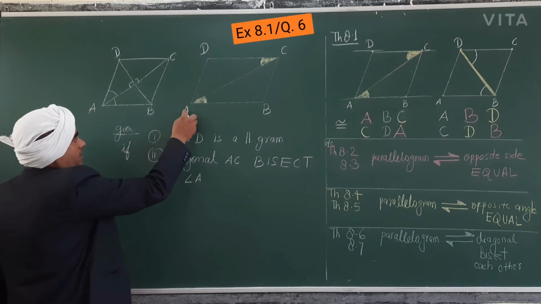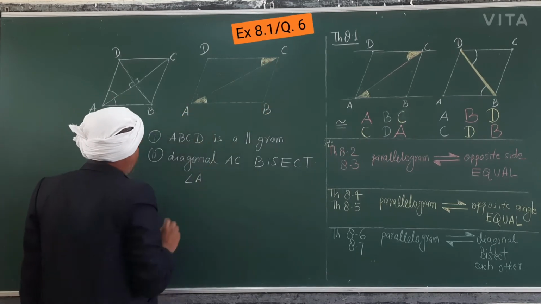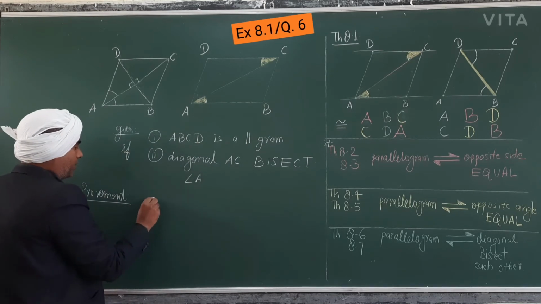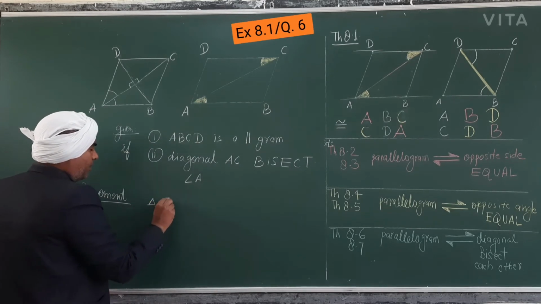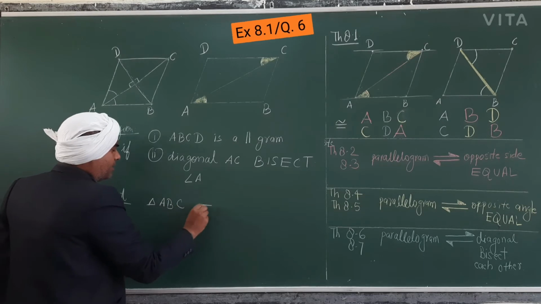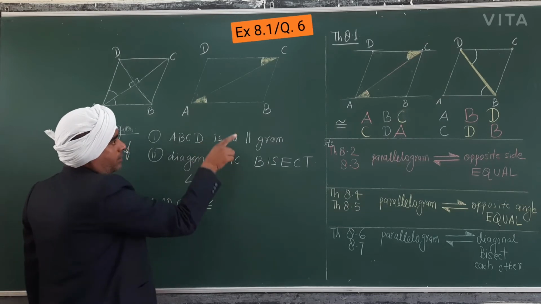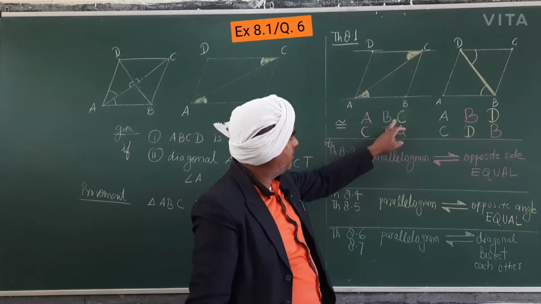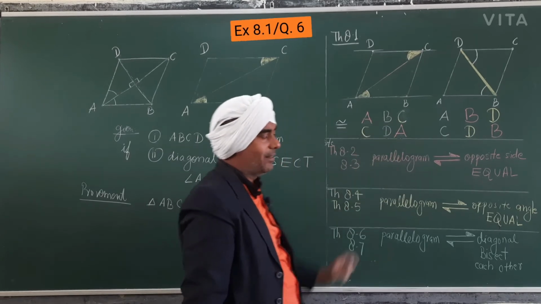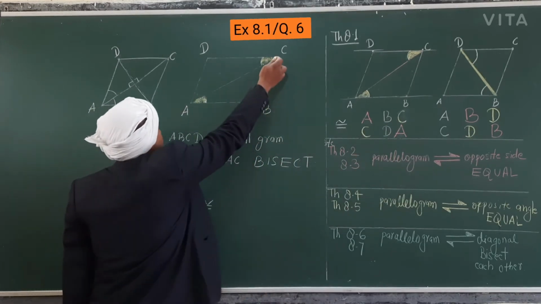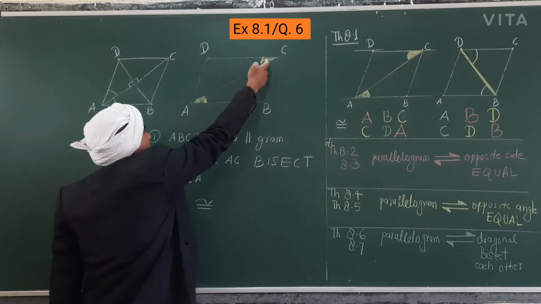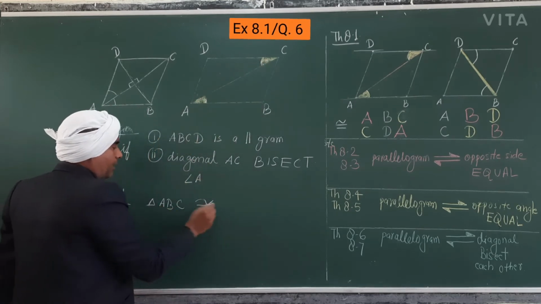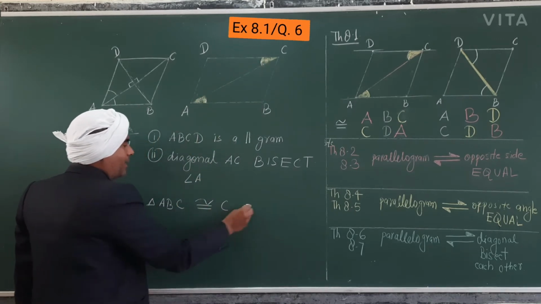So what will we write here? Proof, first point: triangle ABC is similar to CDA. ABC similar to A and C, so A and C, C and A.